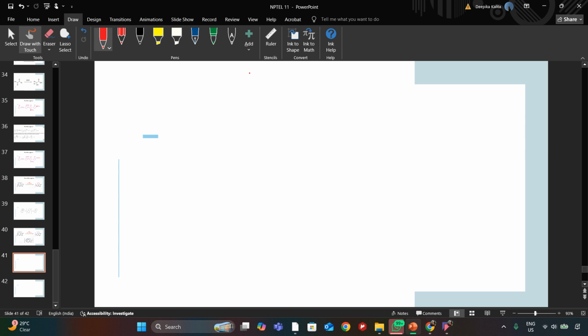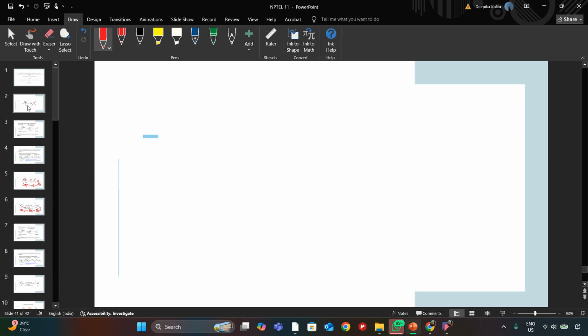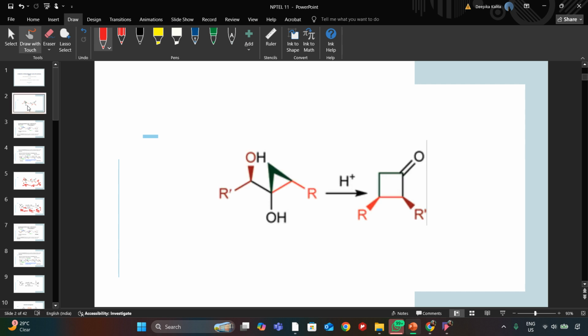Thus, we have solved today various questions from the topic rearrangement reaction. Let us quickly revise the questions which we have covered today in this session. Okay, we started our session with pinacol rearrangement reaction, where we converted this diol into the cyclobutanone given here in presence of acid solution.